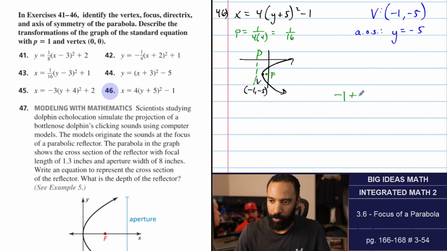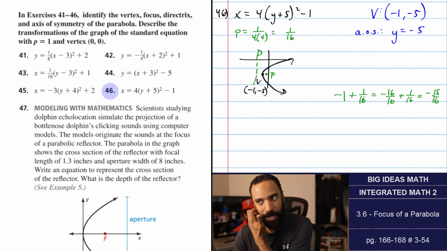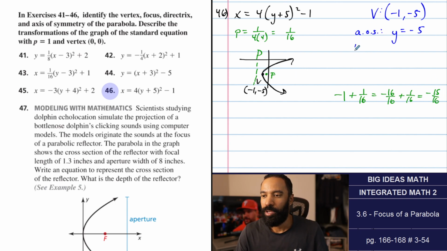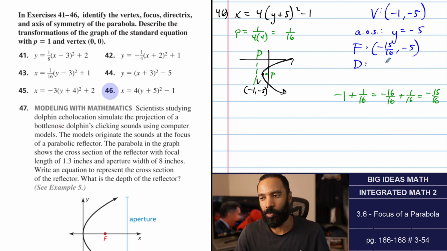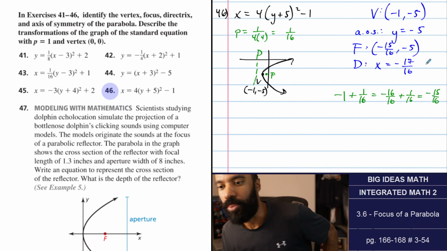So negative 16/16 plus 1/16 is negative 15/16. So your focus, that's the x value, is negative 15/16, comma, and the height's the same, negative 5. For the directrix, we go 1/16 the other direction, so negative 17/16. X equals negative 17/16. It's a vertical line, and it looks like that.